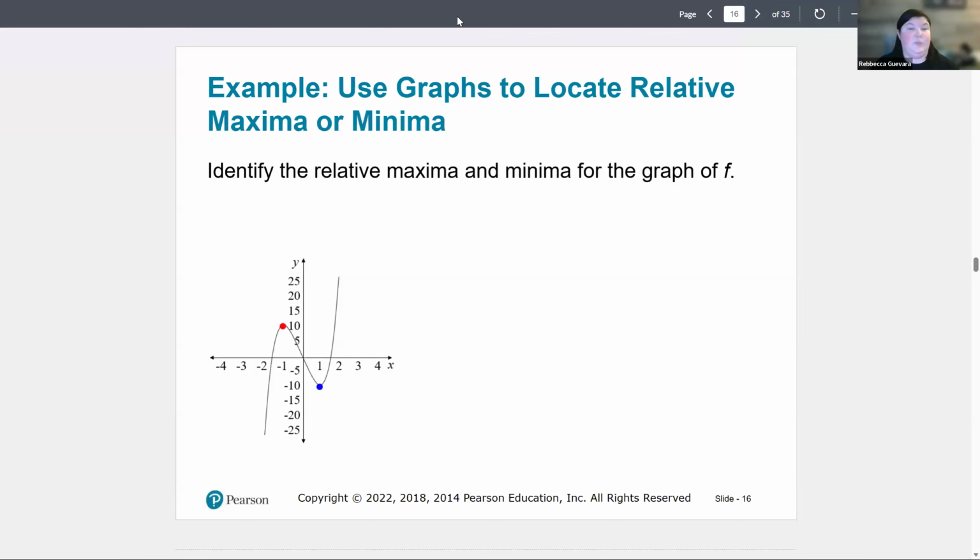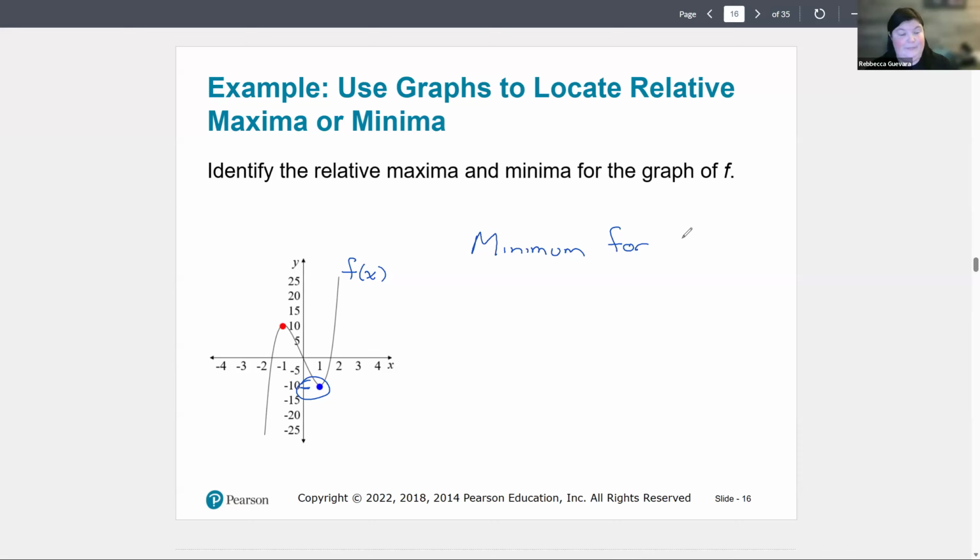So for this example, we just want to identify the relative minimum and the relative maximum, or minima or maxima, meaning if we have multiple of them, we don't know, for the graph of f. We're calling this the graph of f because this is a function, some sort of f of x function. And what we see here is that we will have a minimum right here. We have a minimum of, we need that y value, and we see that it is -10.